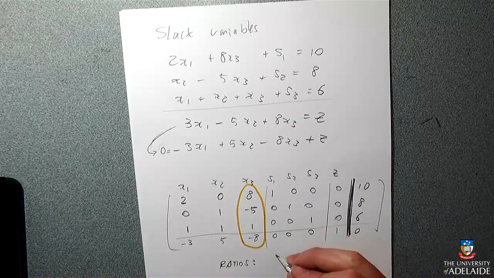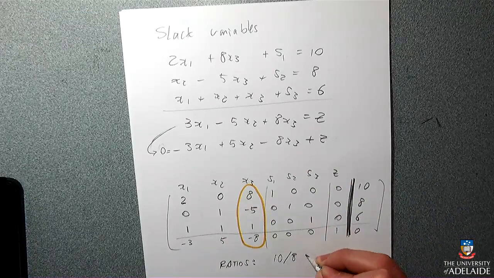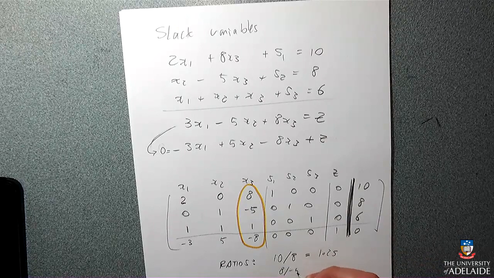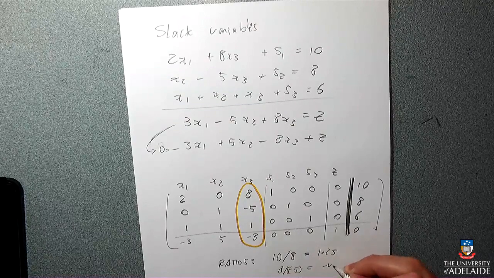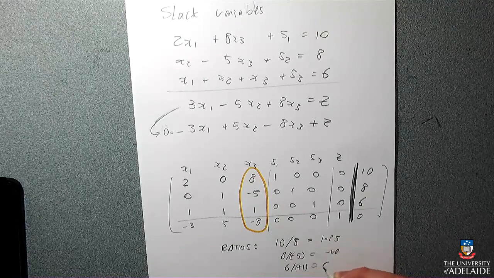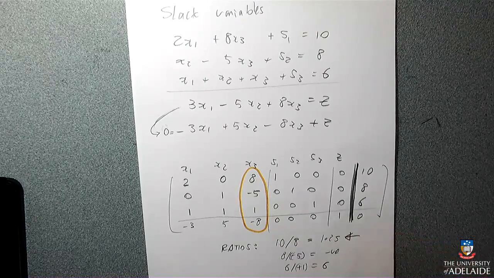Okay. So 10 divided by 8, 1.25. 8 divided by negative 5. It probably doesn't matter what that is because we only want the positive ones. Smallest non-negative ratio. Okay, well we don't care, but it's negative. And 6 divided by 1, whoops, sorry, is 6. So that's the smallest one there.